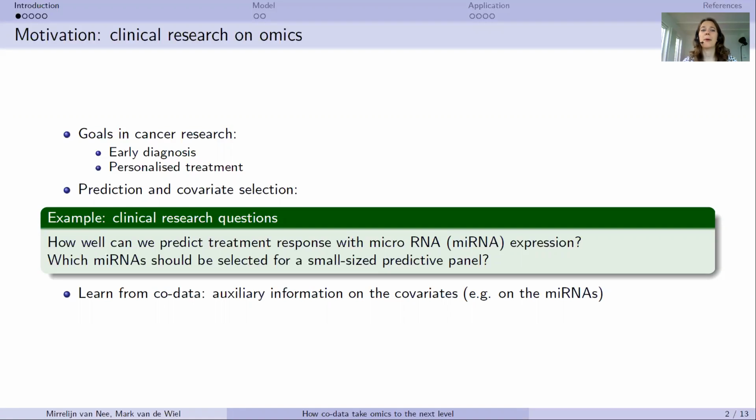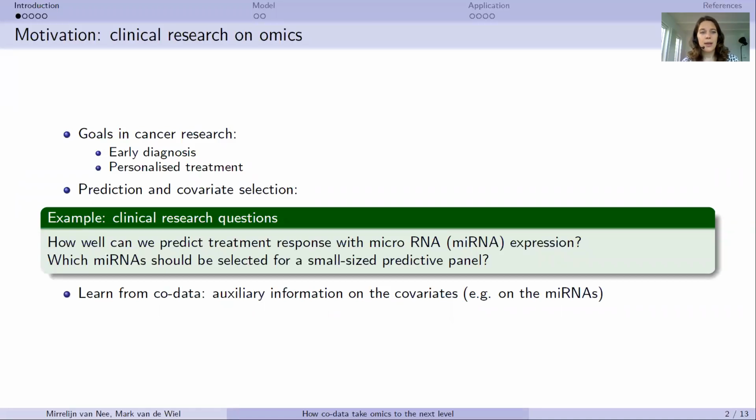So these questions are about prediction, but also on covariate selection, because usually in the first phase of clinical research, they measure the entire genome, but then for follow-up studies, they have to limit themselves due to budget reasons to a small-sized selection of covariates.